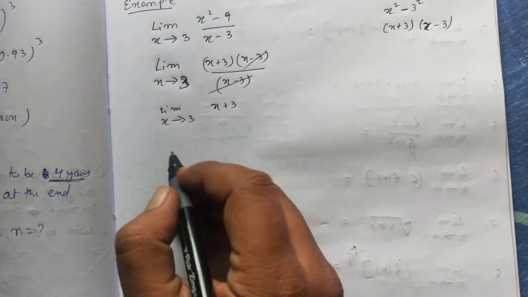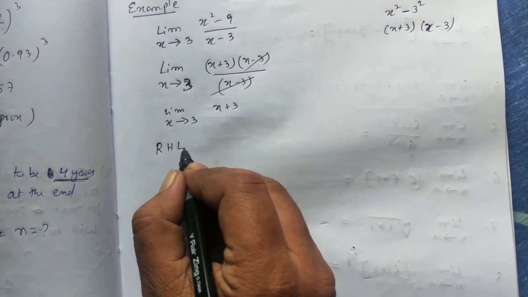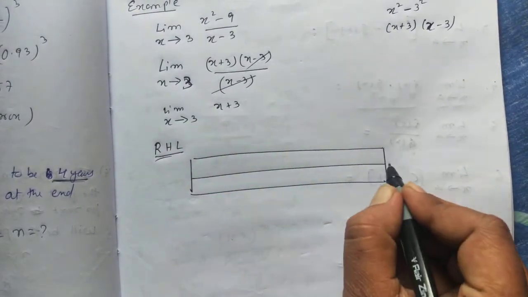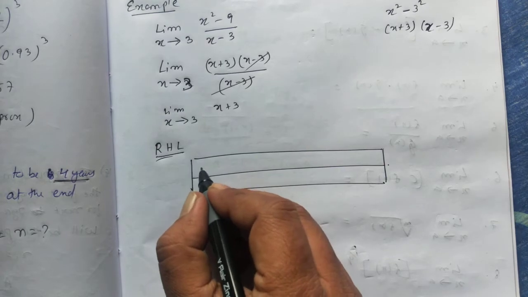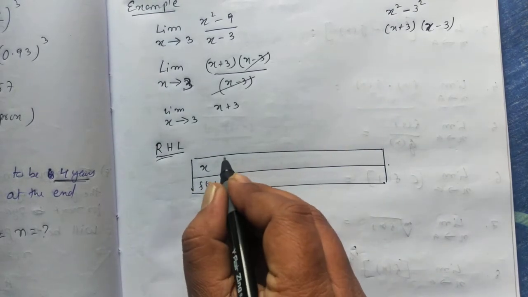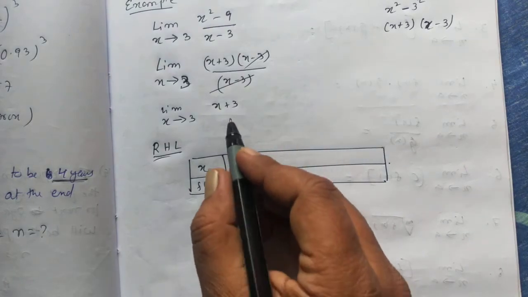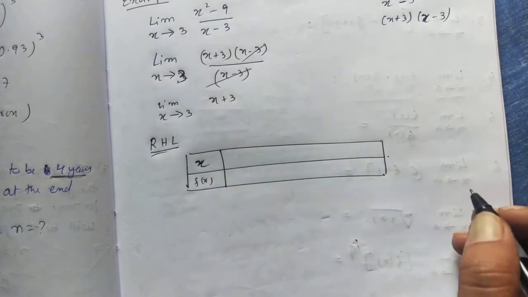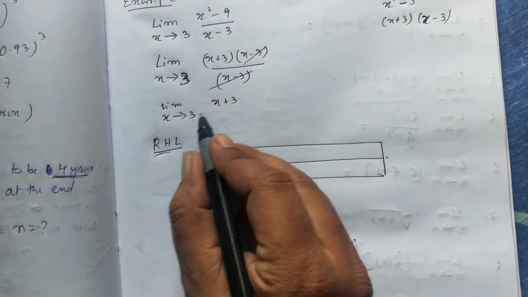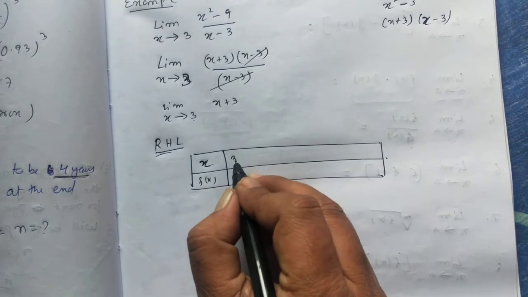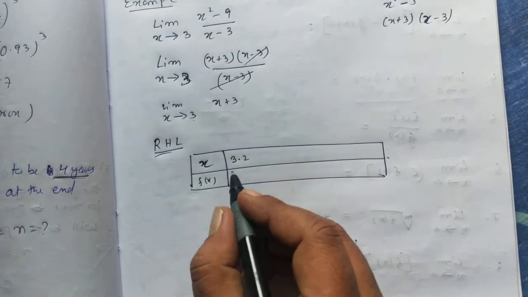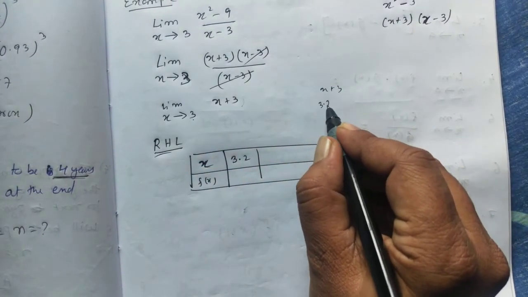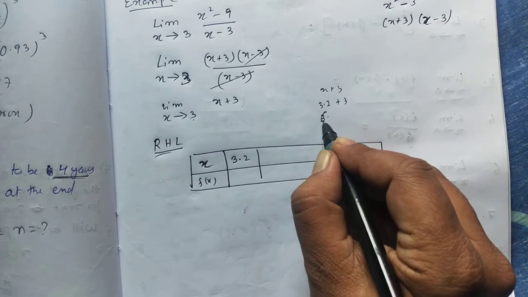Now let us check the right hand limit. Suppose this is x and f(x) means the value x plus 3. Suppose the right hand limit, towards the positive side. If I take any value of x nearest to 3, if I take 3.2 and add 3, it will become 6.2.